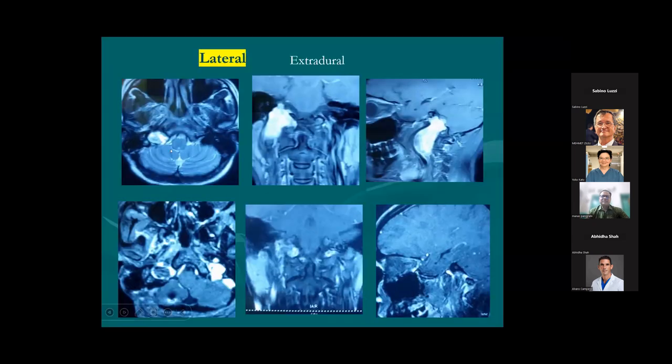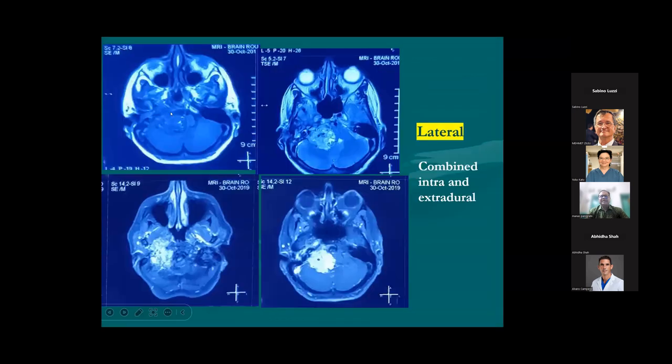Compared to this tumor, which is laterally located, this is a purely extradural tumor going into the neck, whereas this tumor is laterally situated but has both an intradural component and an extradural component, and this needs a different approach. I'll be explaining what is the best approach for this kind of tumors.